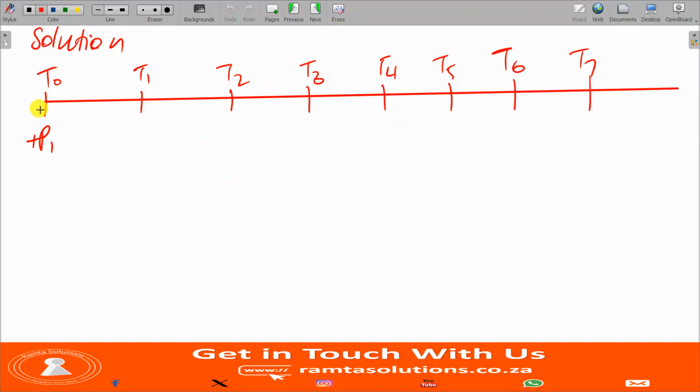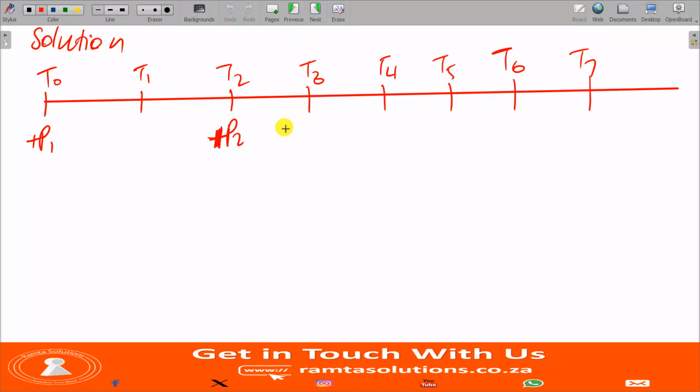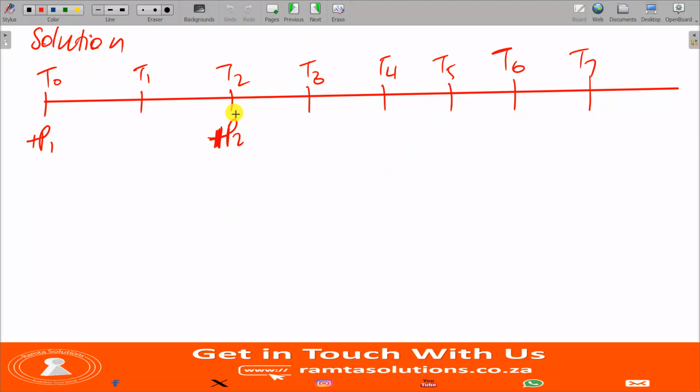Now, 2 years later, P2 was deposited. This is year 1, year 2. So P2 is deposited, as you can see, there's a plus. 3 years after P2, P3 was withdrawn. This is 1, 2, 3. So here is P3. It was withdrawn.